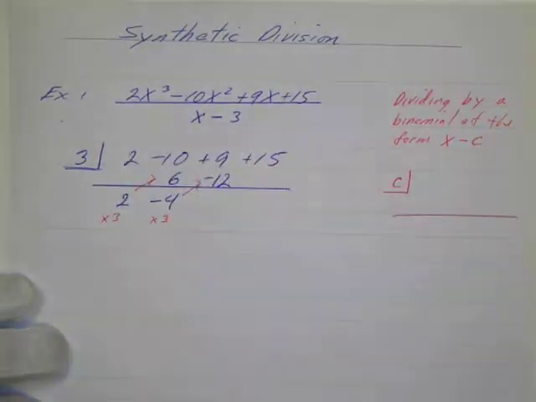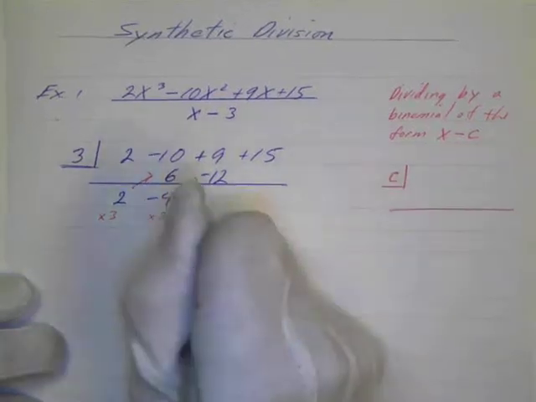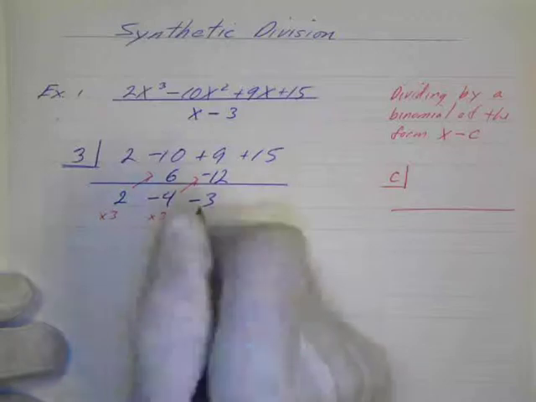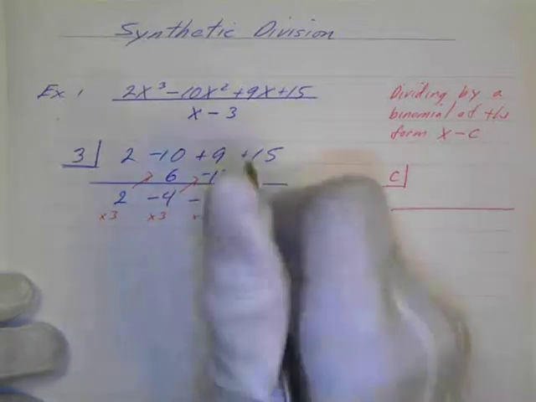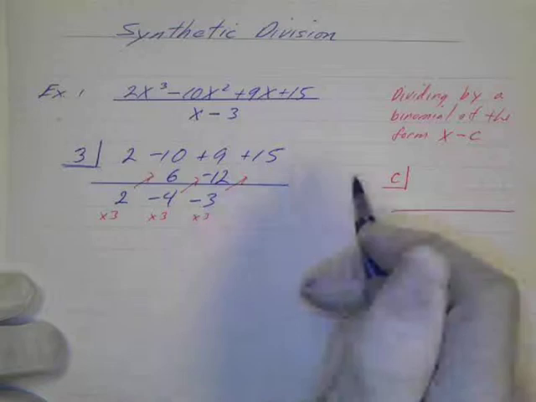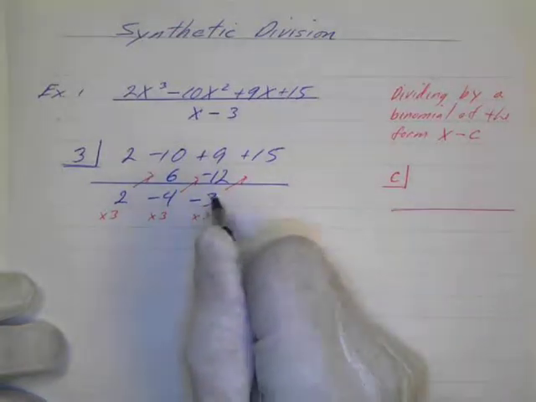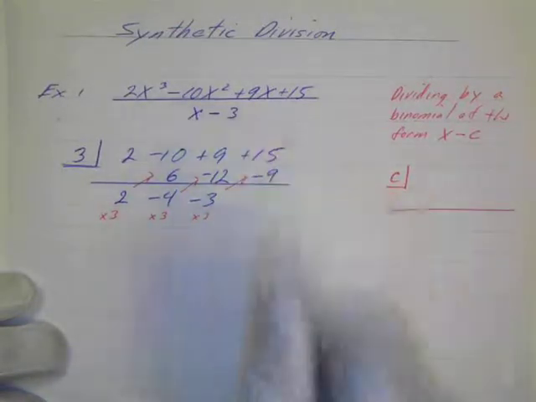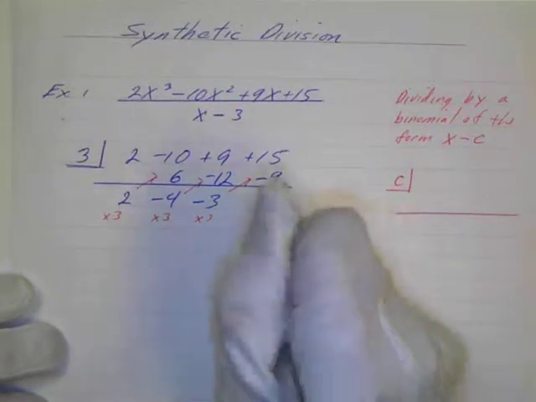Then you add, and negative 12 plus 9 is negative 3. And then you multiply that by 3 again, and put that number over here. Negative 3 times 3 is negative 9. And then you add those and you get 6.